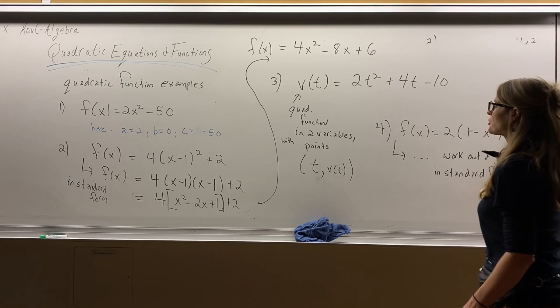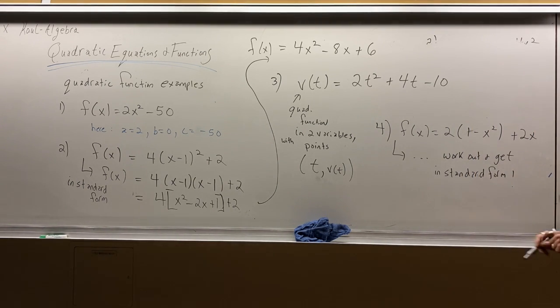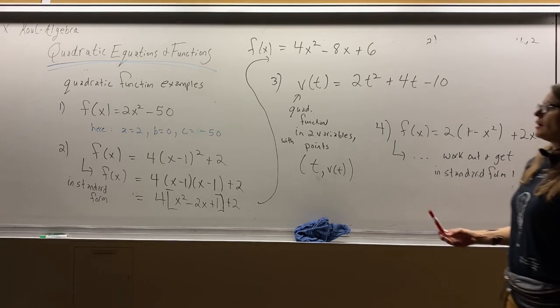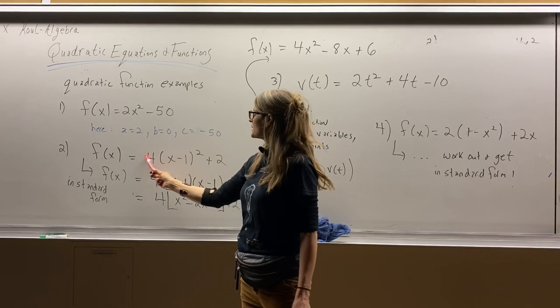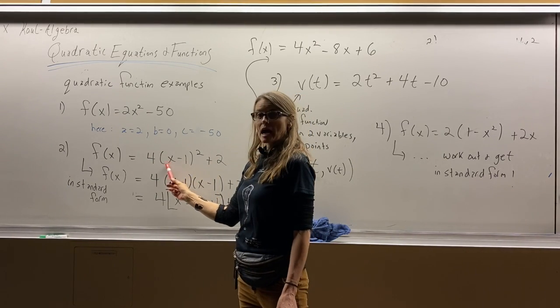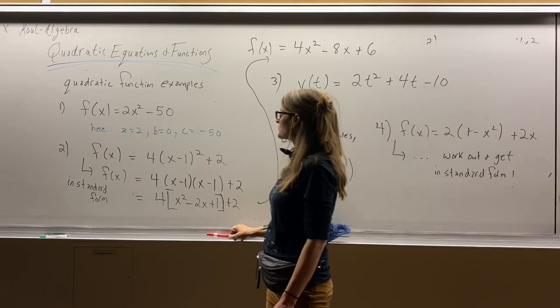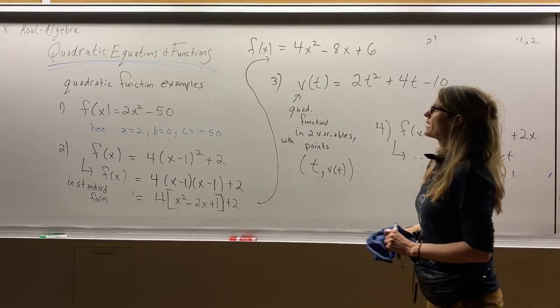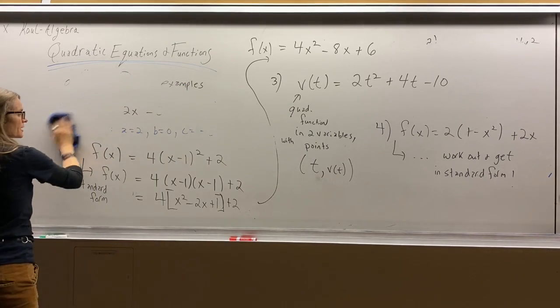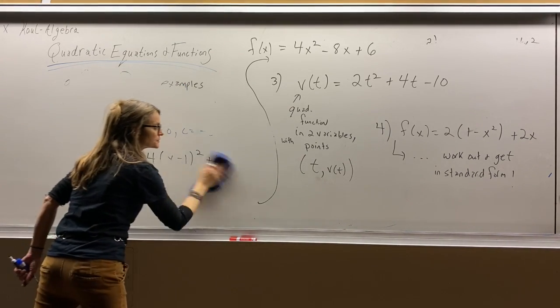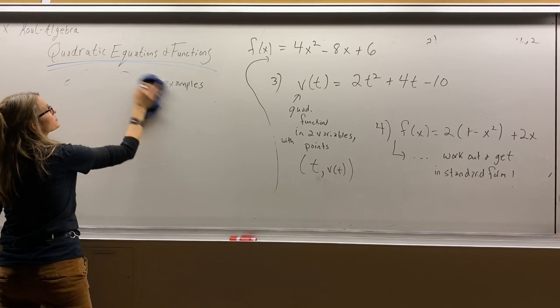Now there's another format that we typically have quadratic functions in, and that is your vertex form. This sort of format is applicable when we deal with graphing. We'll introduce this other format before we move on to some other operations.